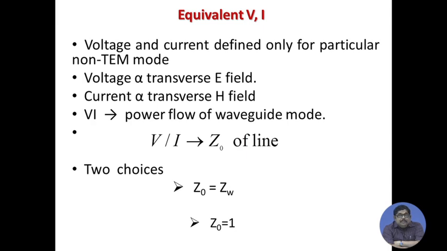and the ratio of this voltage and current, that should be defined as an impedance, and there are 2 choices. That impedance so defined can be made equal to the wave impedance, because every mode has a modal impedance, which is the ratio of the transverse electric field to transverse magnetic field, so that the power can propagate to z direction, that is called Z w or wave impedance.